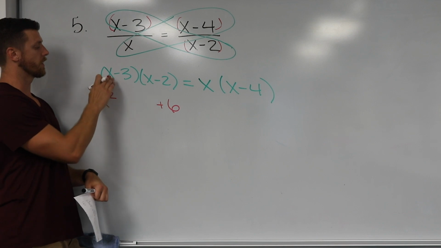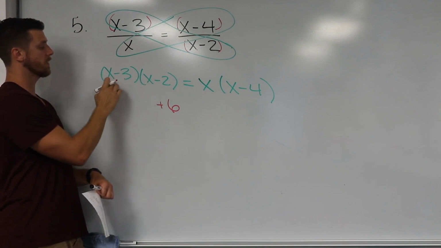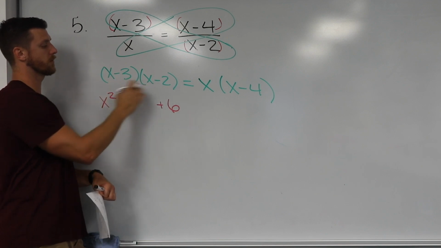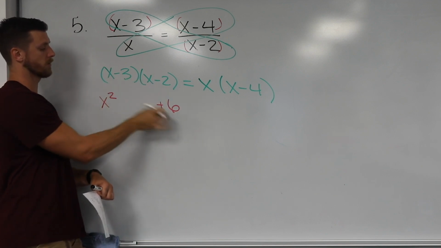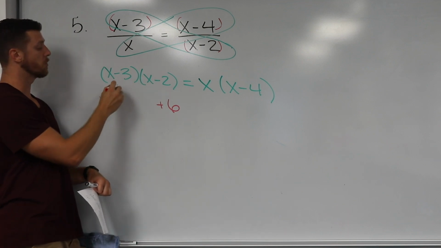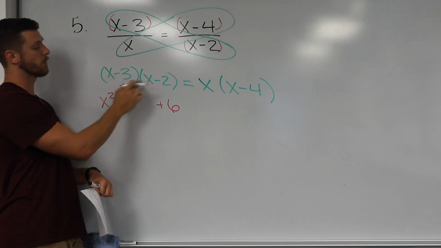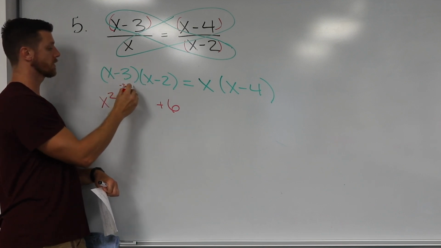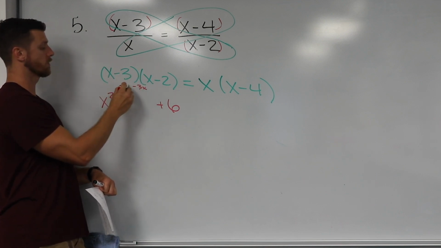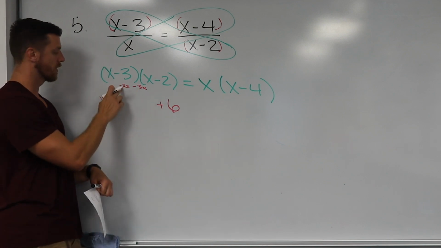So I multiplied the front two terms and the back two terms. But then also, x times -2 is -2x, and then -3 times x is -3x.